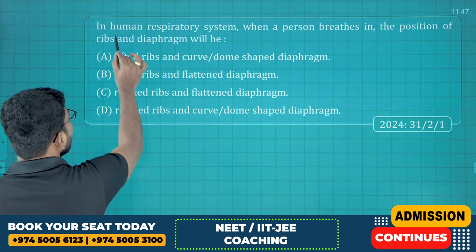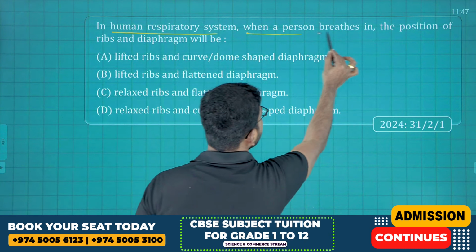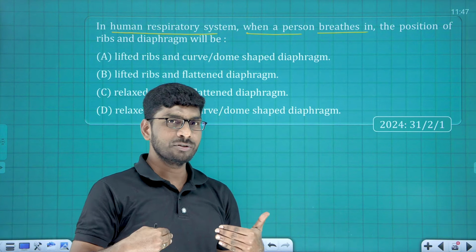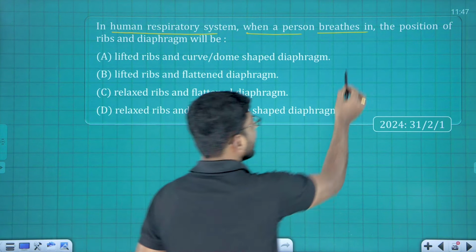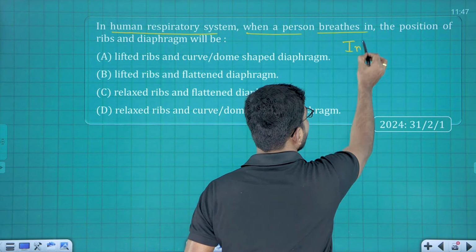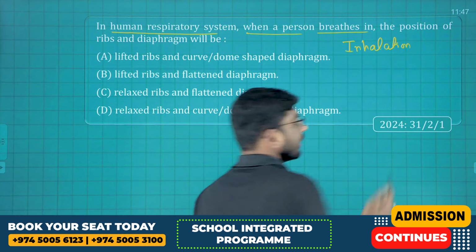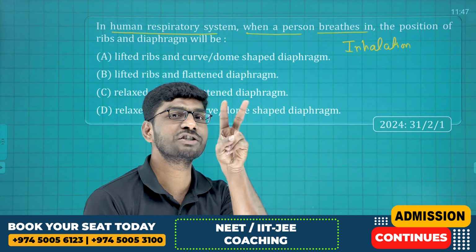What is given? In the human respiratory system, when a person breathes in, shall I call it inhalation? Shall I call it inspiration? So here I am writing, this process is known as inhalation or inspiration. We discussed in theory class, breathing consists of two steps.